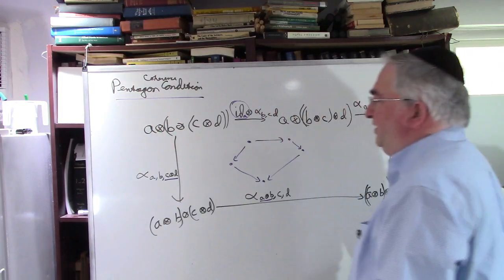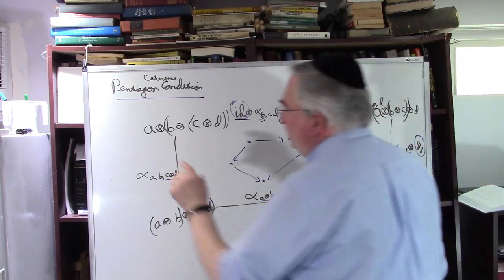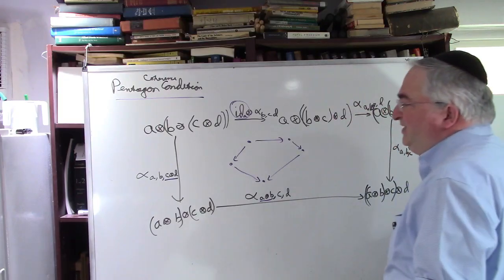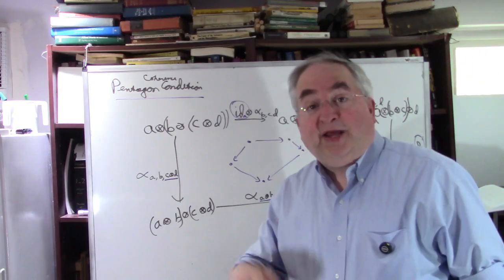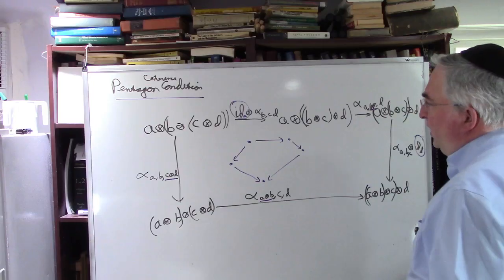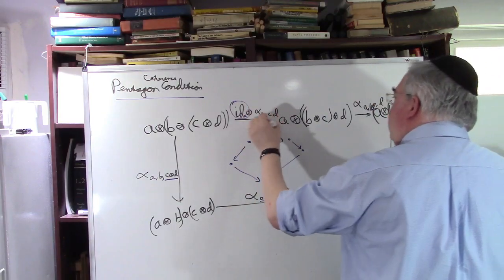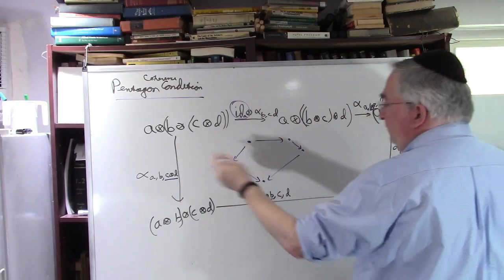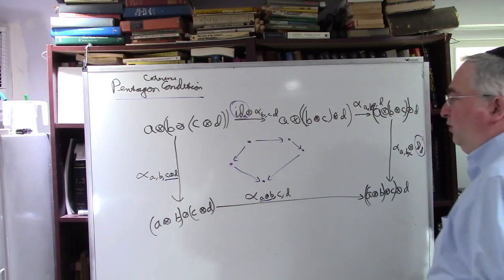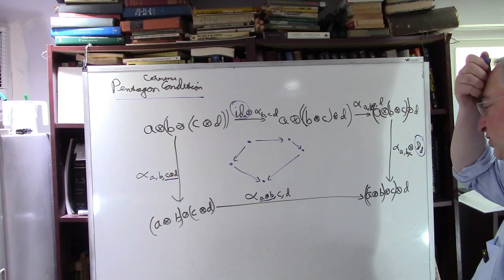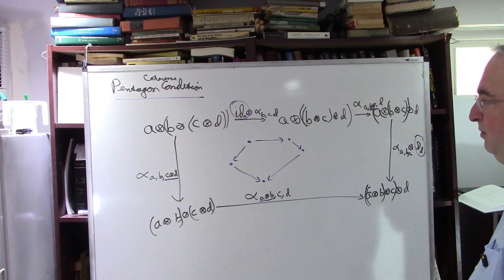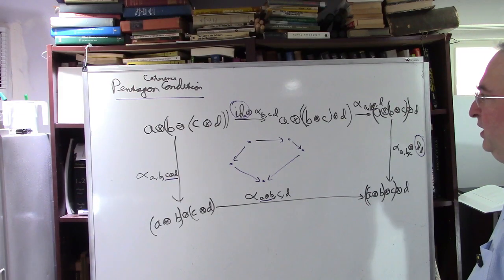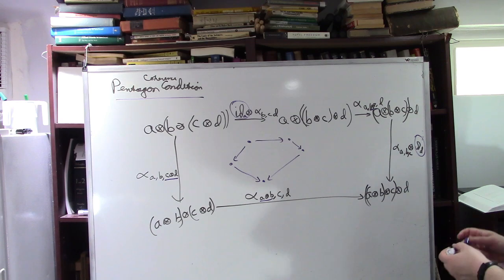Basically what it says is that this alpha, this reassociator, has to get along with itself. So you have 5 different instances of alpha, and they have to get along with each other, and this diagram has to commute for all A, for all B, for all C, and for all D. So that's an important diagram.